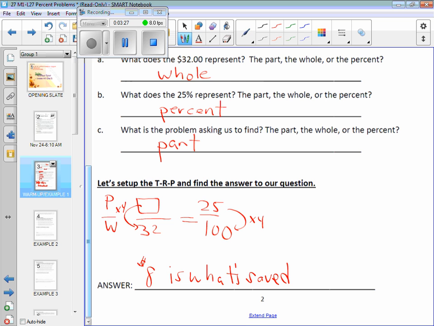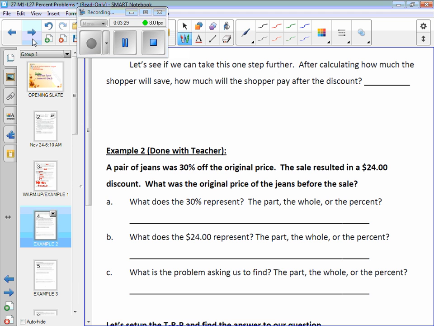Okay, and I think that's on your next page. You could put $24 here, and I'd like you to write this out. It's original price, which was 32, minus the amount, and I can put a dollar sign here, saved, which was 8.